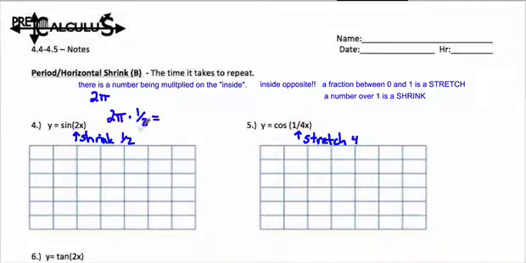If I multiply it by 1/2, I get pi. So for this one, my period is pi. All right, period, pi. Okay, let's go ahead and find out the period for this one. So I would take 2 pi, and this time I'd multiply it by 4. Excuse me, I was going to do 1/4, but we want to multiply by 4. And so my period is going to be 8 pi.